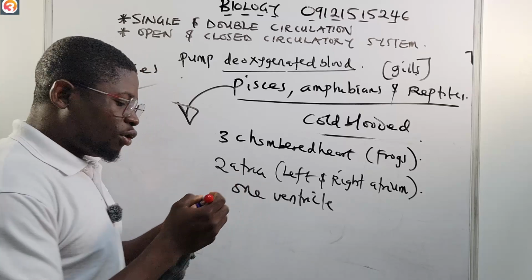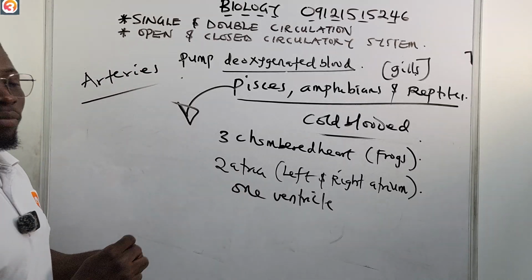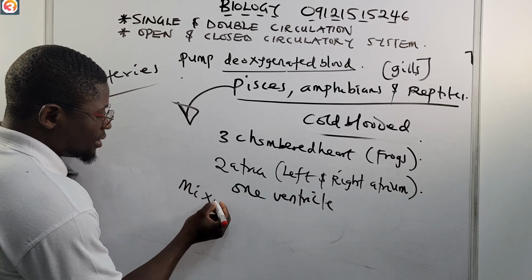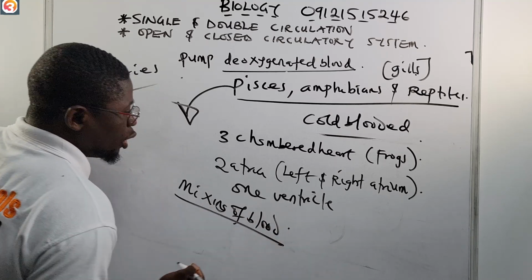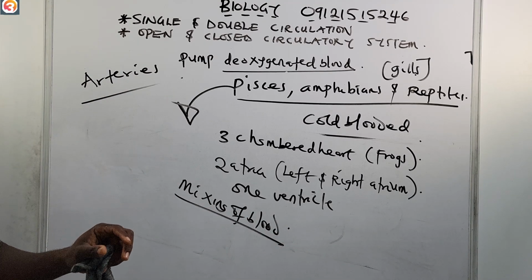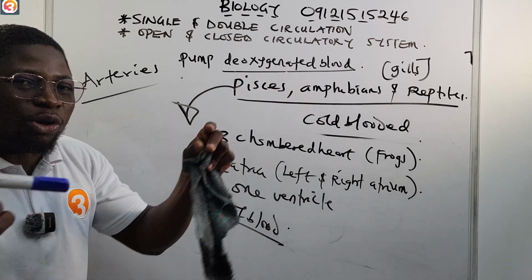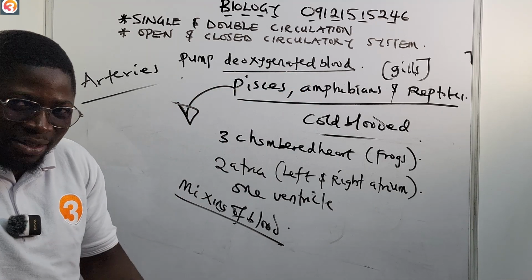Okay, and in frogs, we observe what is called mixing of blood. By mixing of blood, what do we mean? We mean that the oxygenated blood and the deoxygenated blood mix together.